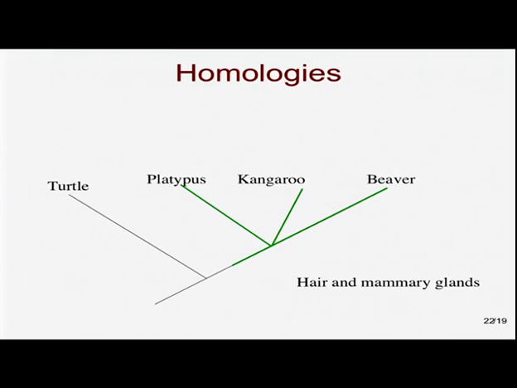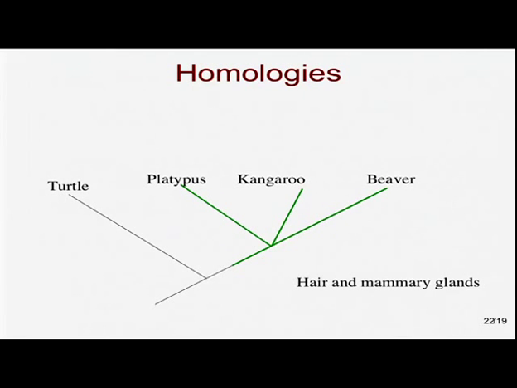But the common ancestor that had hair and mammary glands, whatever that thing was, would sit right here, and then a divergence, a divergence, a divergence. Every place there's this sort of fork in the road is where there's an ancestor that then speciated.